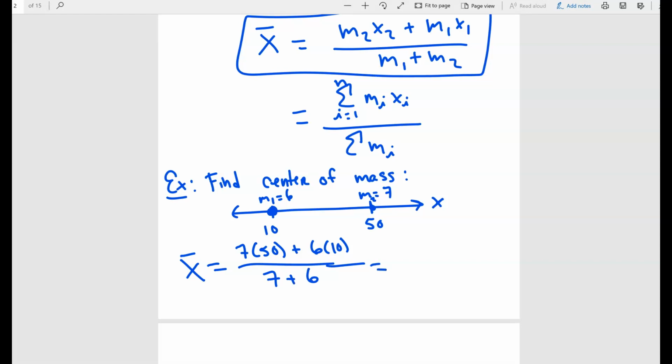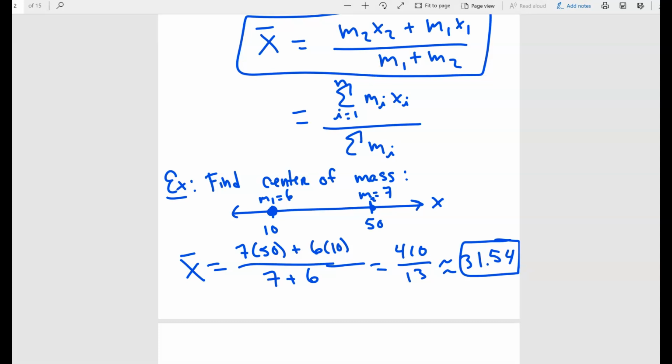If you go to your calculator, you can do 7 times 50 plus 6 times 10, and then divide by 7 plus 6, and what I end up getting is 410 over 13, which is approximately equal to 31.54, I guess.